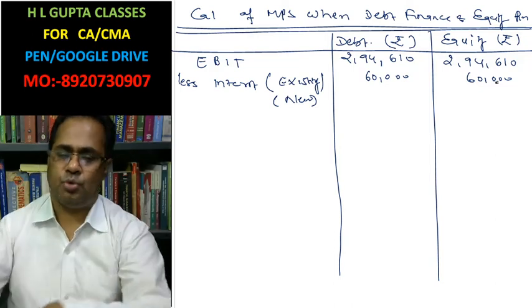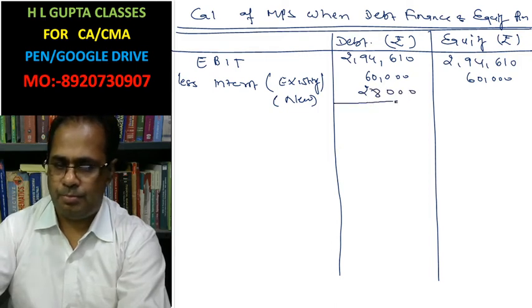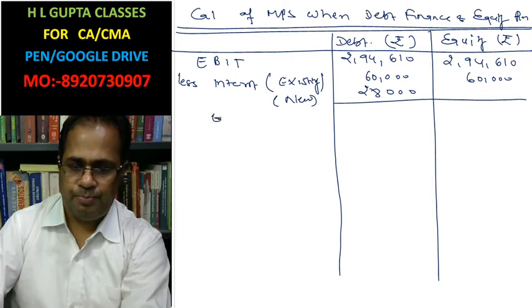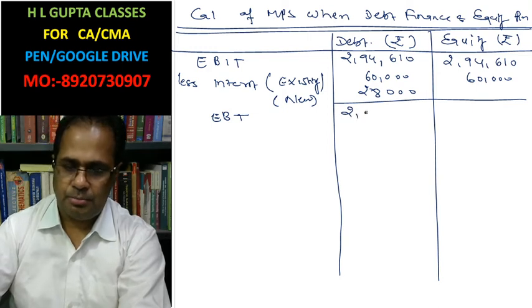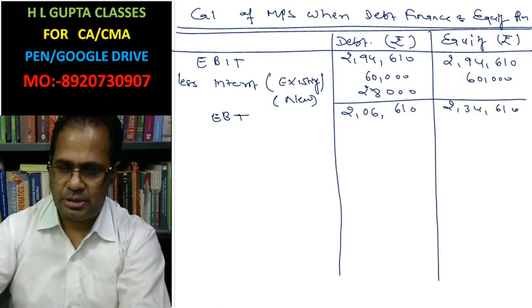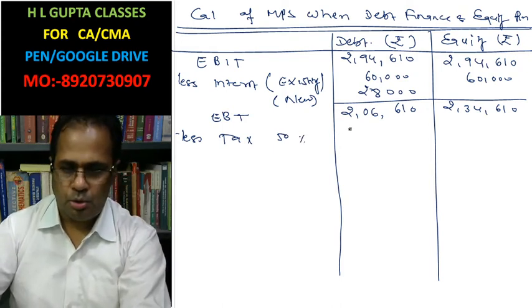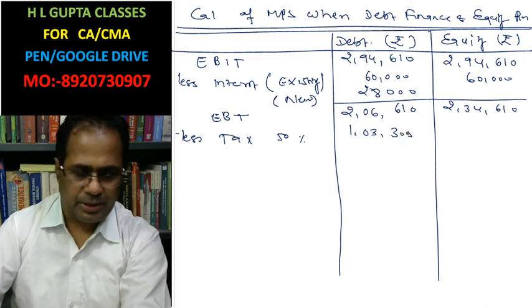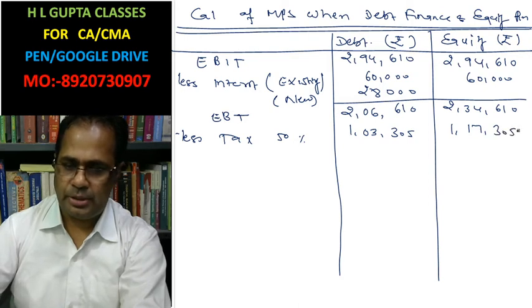Then 14% of 2 lakh is 28,000. Earning before tax is 2,06,610 in one case and 2,34,610 in the other. Less tax at 50%, earning after tax is 1,03,305 and 1,17,305.